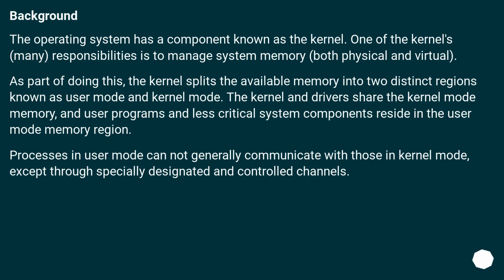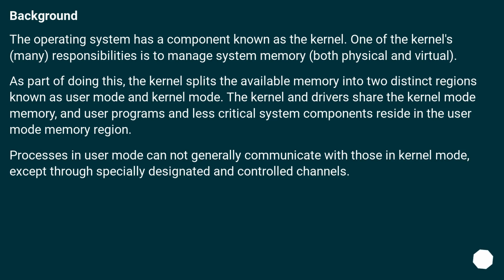Background. The operating system has a component known as the kernel. One of the kernel's many responsibilities is to manage system memory, both physical and virtual. As part of doing this, the kernel splits the available memory into two distinct regions known as user mode and kernel mode. The kernel and drivers share the kernel mode memory, and user programs and less critical system components reside in the user mode memory region.